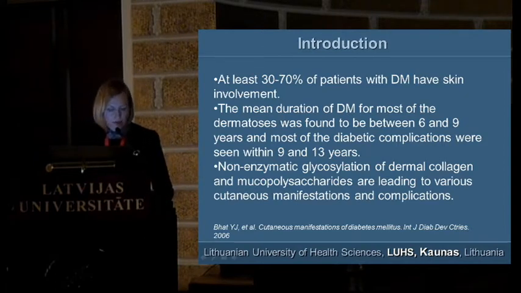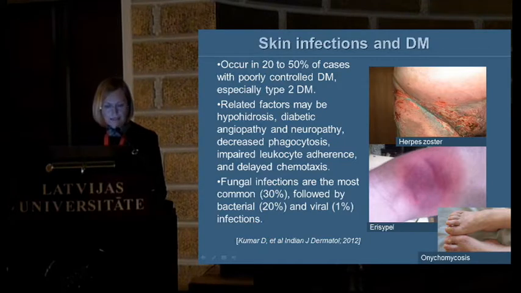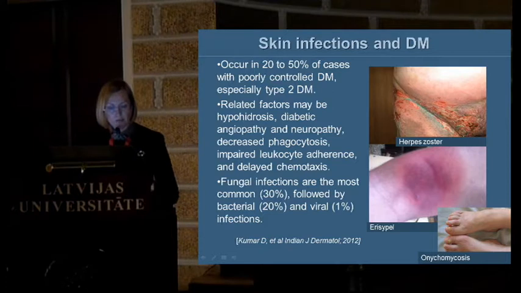Non-enzymatic glycosylation of dermal collagen and mucopolysaccharides leads to various cutaneous manifestations and complications. Skin infections occur in 20% to 50% of cases with poorly controlled diabetes, especially type 2.